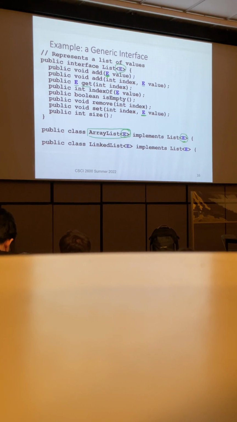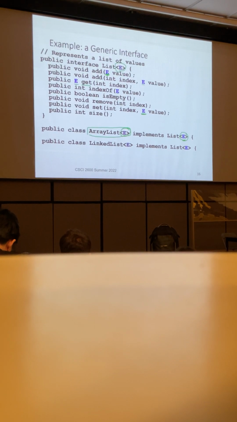Because if you use V here, you are instantiating List with V, and if this type is unknown, your code would not compile, right? If you put V here, your code would not compile because it has to be some known type or a type parameter that is defined in the class that implements this interface.